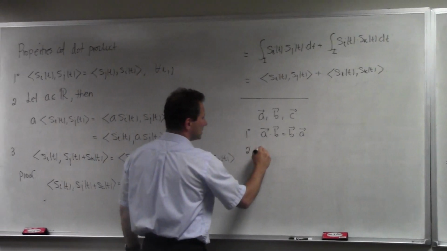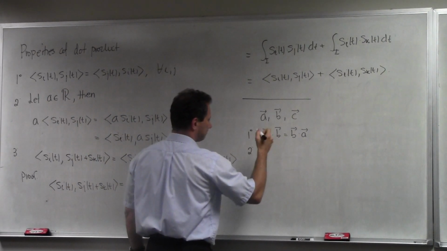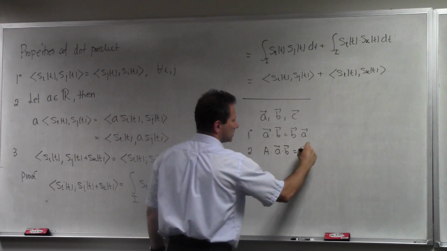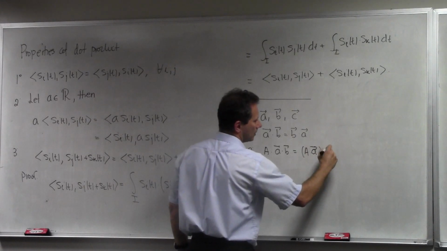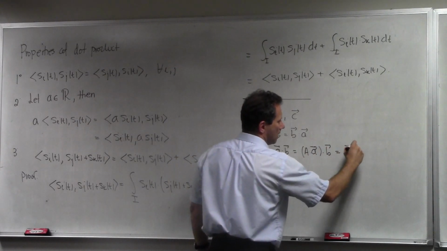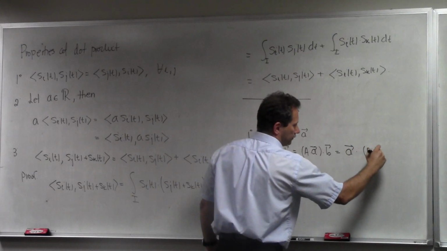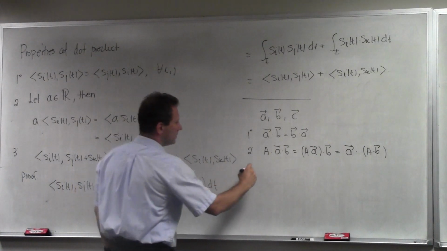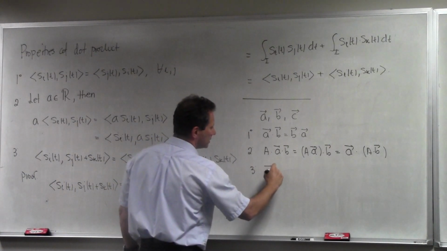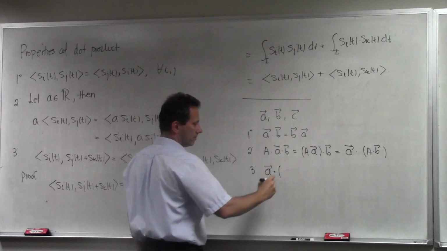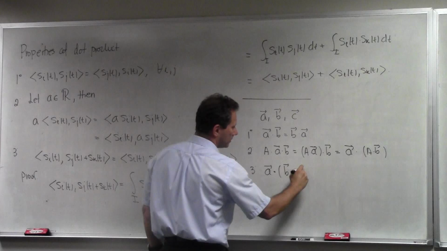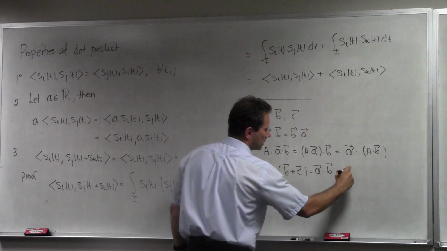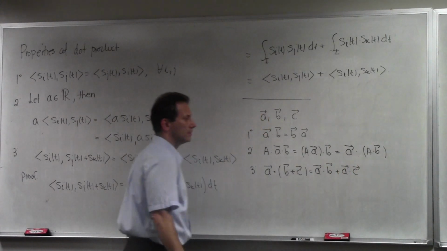The second property says some constant, let me say A, times B dotted with C is A times B dotted with C, and you remember that this holds too. And if I have three vectors A, B, and C, you know this from physics or math or wherever you've seen this first time: A dotted with B plus C is A dotted with B plus A dotted with C. Right?